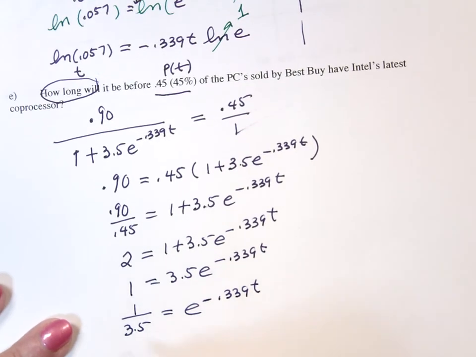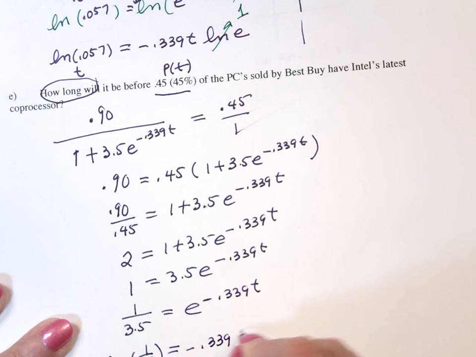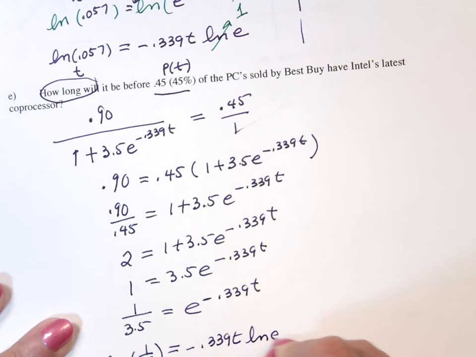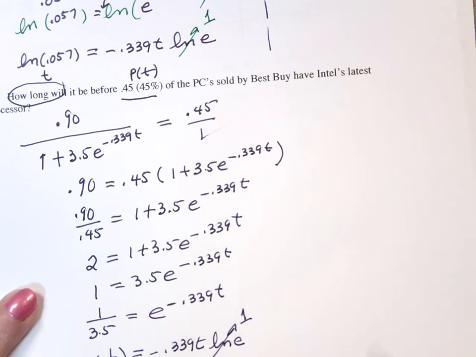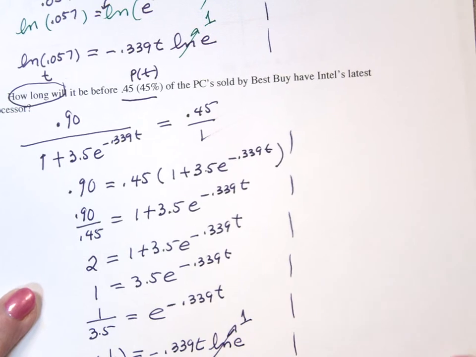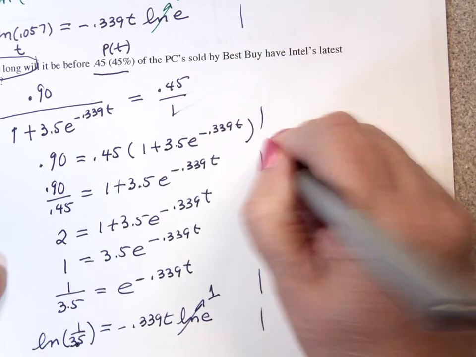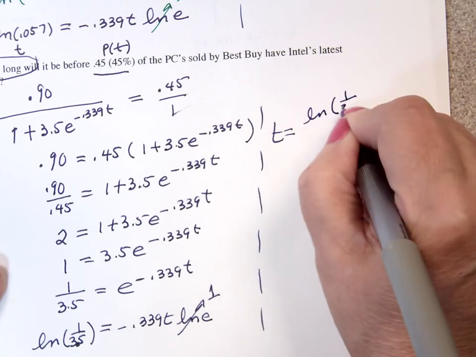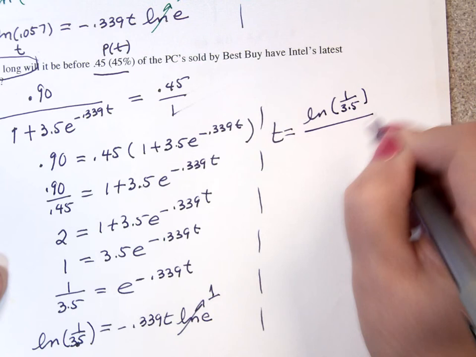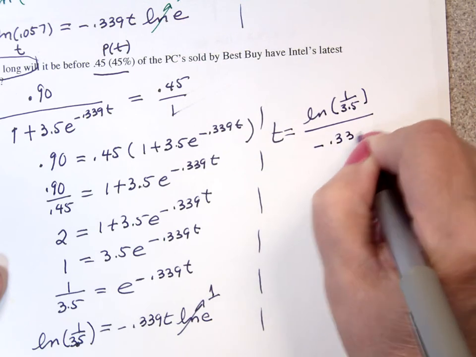Take the natural log of both sides, so the natural log of 1 over 3.5 equals negative 0.339t, natural log of e. And we know the natural log of e is 1. So that t equals the natural log of 1 over 3.5 divided by minus 0.339.